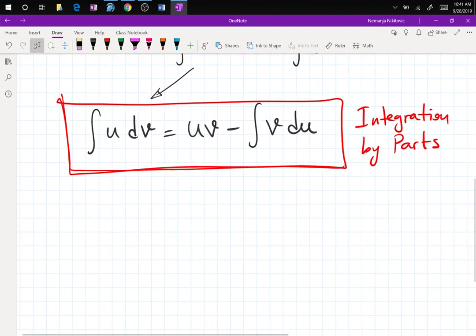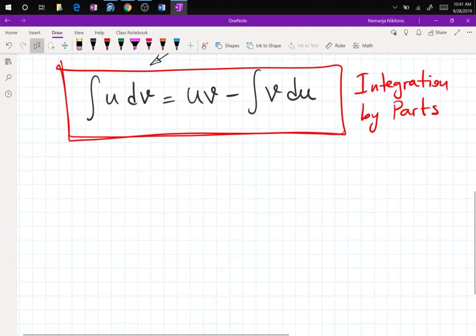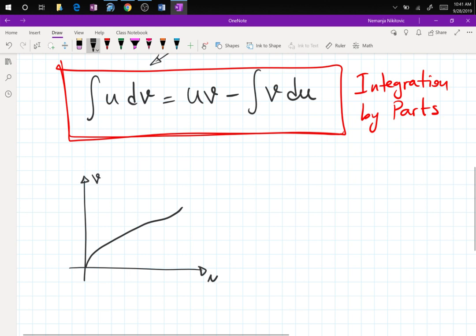actually, you know what? Before I do this, let me do the same derivation graphically, because we can derive the same formula. If we look at this graph here that has the function, this is going to be our v-axis, this is going to be our u-axis.